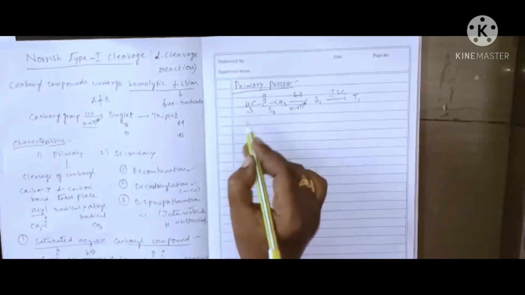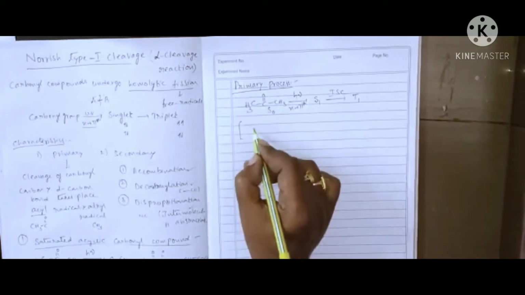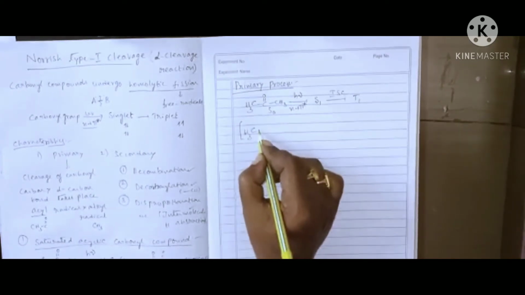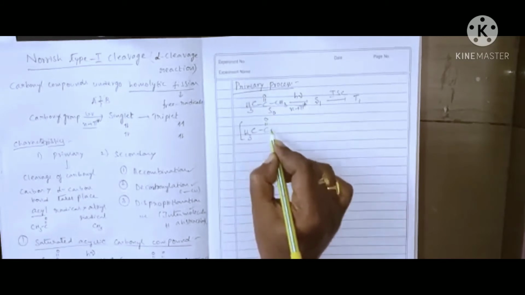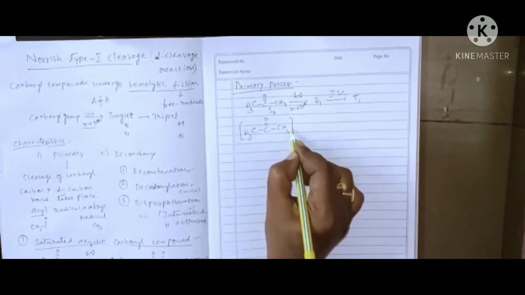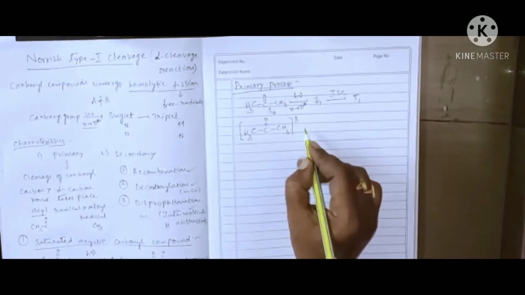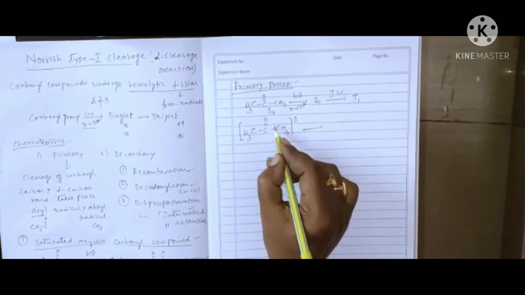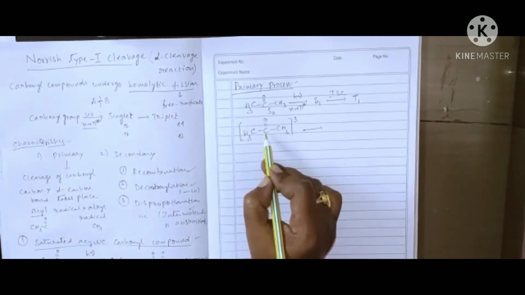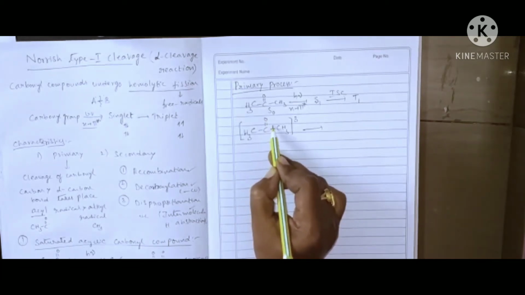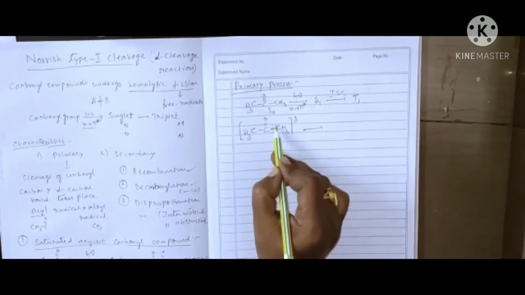Okay. So here, first of all, our compound CH3, C double bond O, CH3 at triplet state. So homolytic fission takes place. As we said before, it is a carbonyl group. So that's why the alpha bond cleaves, homolytic bond fission takes place, and two radicals are formed.